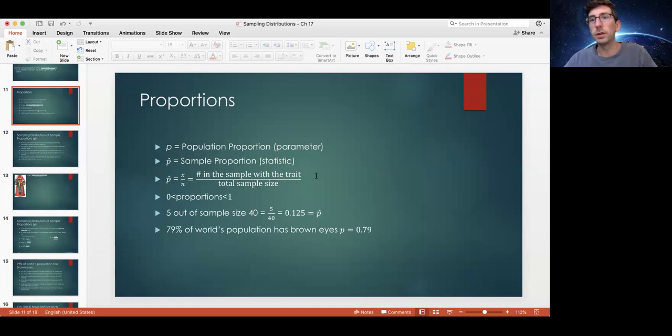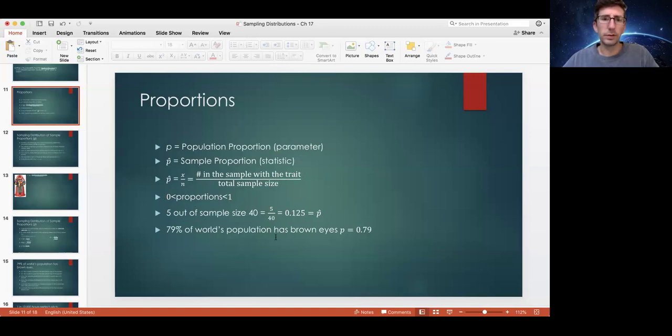We could take a second sample from our class of 10 different students, and maybe only one student out of those 10 would have blue eyes. So then that second p hat would be 1 over 10 or 0.1. Proportions are always between 0 and 1. And here's another example: 5 out of a sample size of 40 would be 5 divided by 40, which equals 0.125, which would be our p hat.